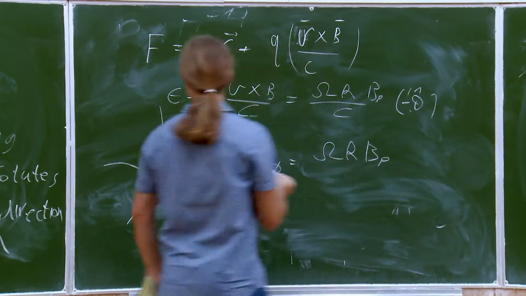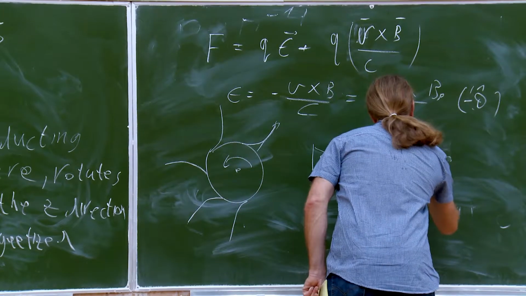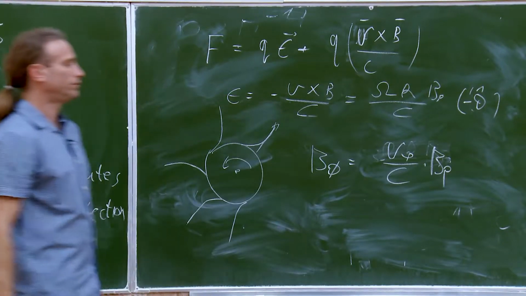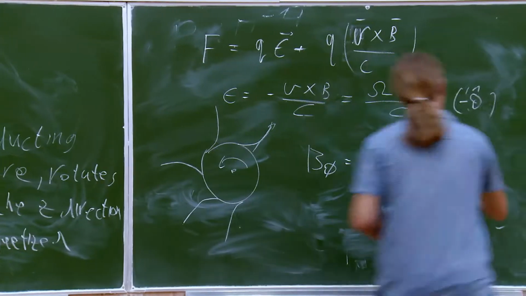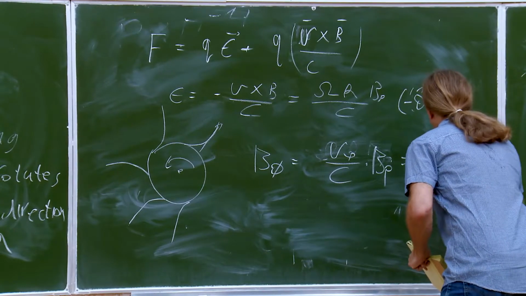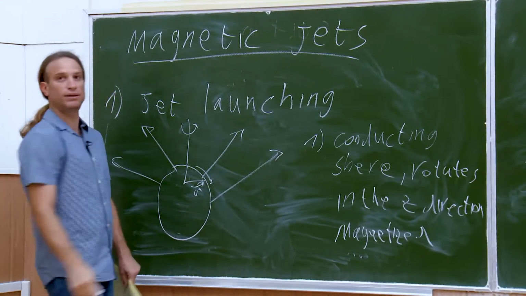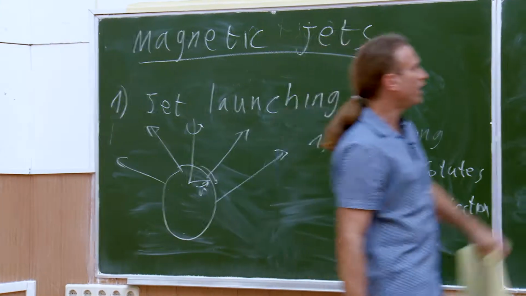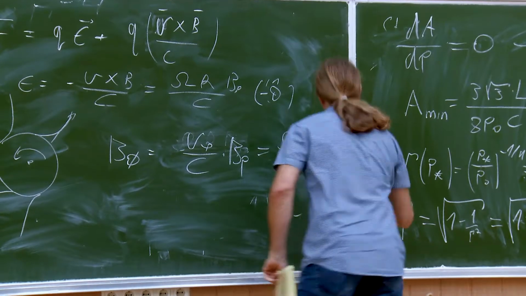So it will roughly be equal to V phi divided by C times BP. More or less, this is just omega R divided by C times BP, where R is the cylindrical radius. So I have an electric field, and this will be in the phi direction.